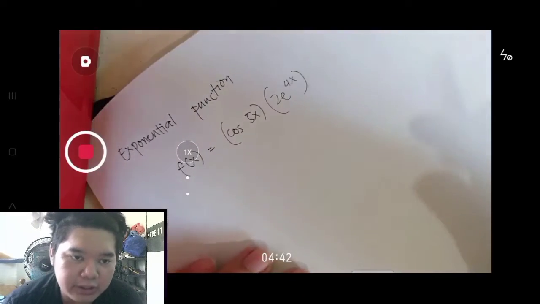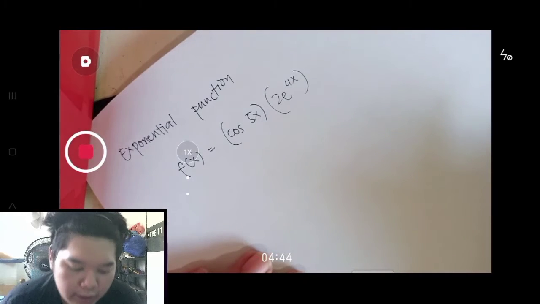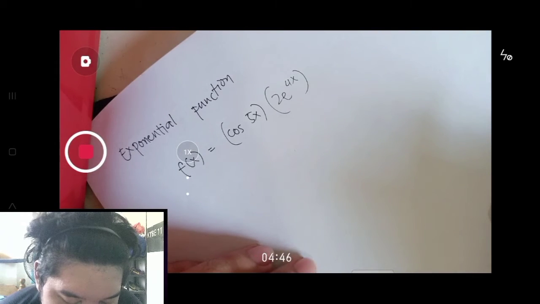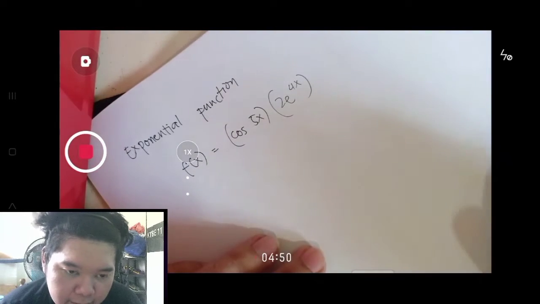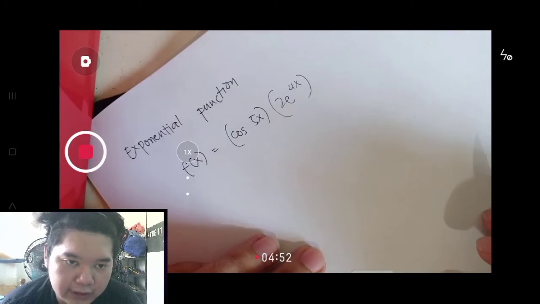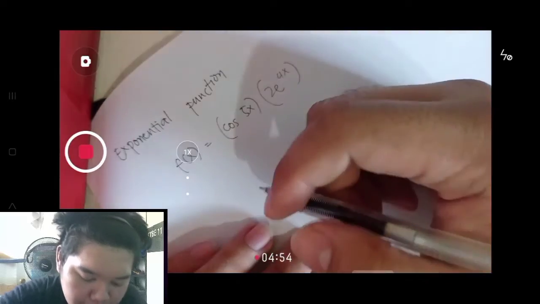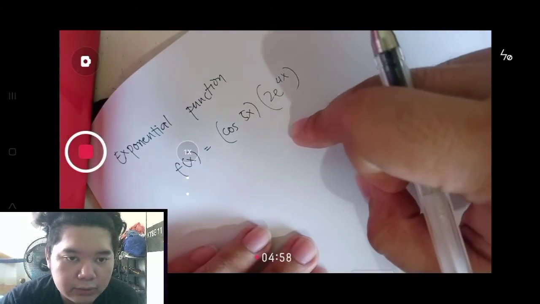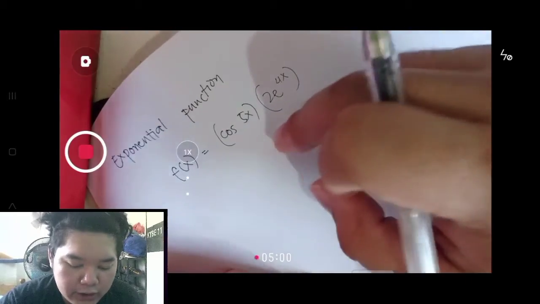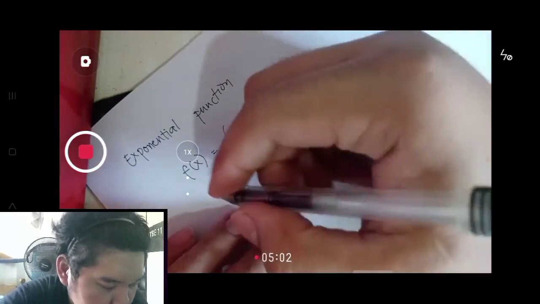So our third problem is about exponential function, and we have our equation here, f of x is equal to cosine 5x times 2e raised to 4x. So first thing we're gonna do is to apply the product rule para makuha para ma-derive natin tong equation.